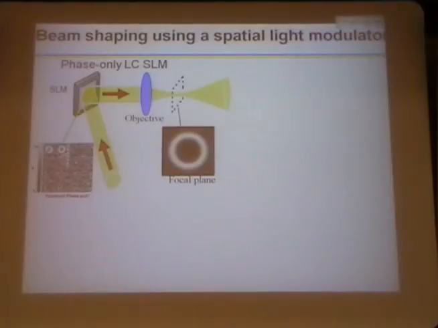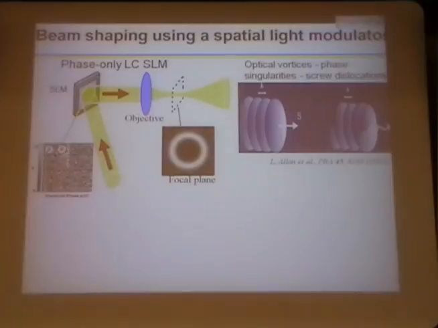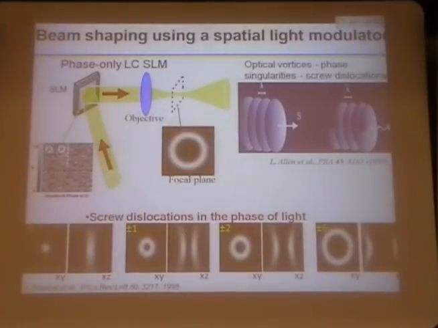So by now, because we have had a couple of introductions, you're already familiar with optical vortices. You learned about them from Mark Dennis's talk, and also you are familiar with how we can generate them using, for example, liquid crystal spatial light modulators, right? So in here, what we have is essentially defects in the phase of laser beams, and the particular example I'm showing here is related to the so-called Gaussian beams, which are optical vortices.